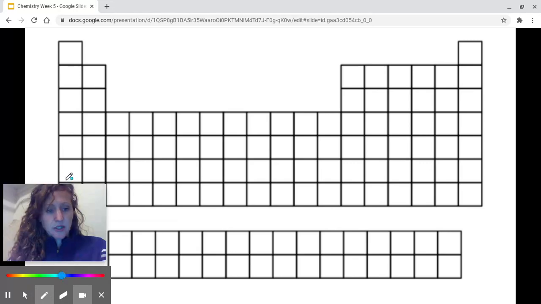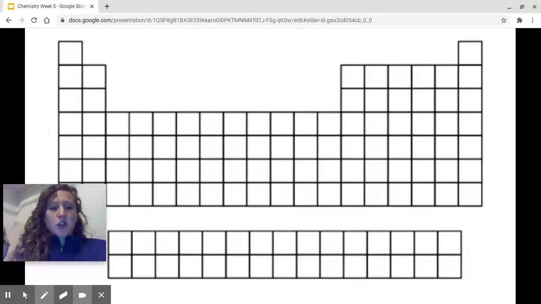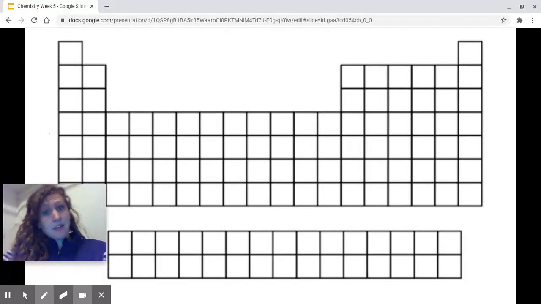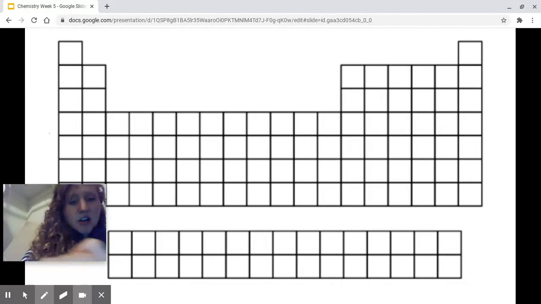Basically, what I want to do is go through the periodic table and show you the electron configurations for each element. And in doing so, there's going to be a pattern that emerges that's going to be a really helpful pattern for you.